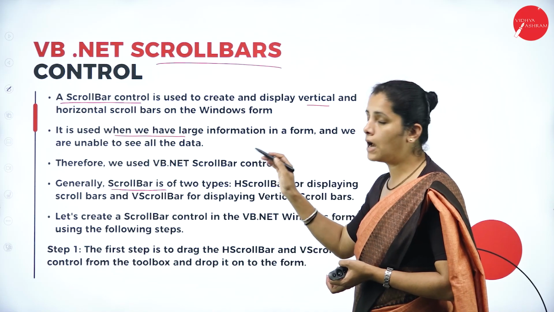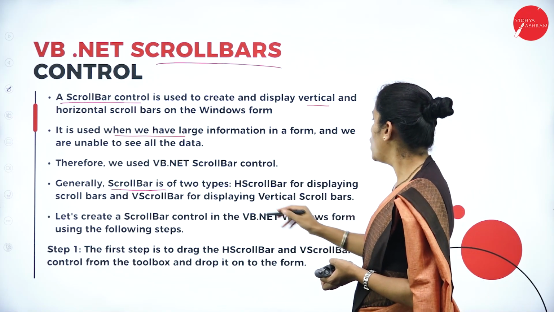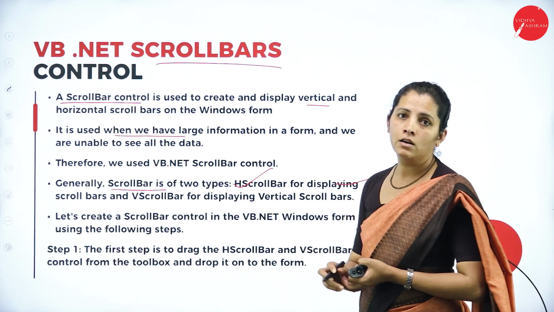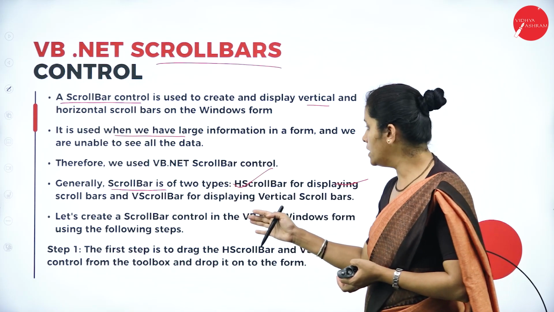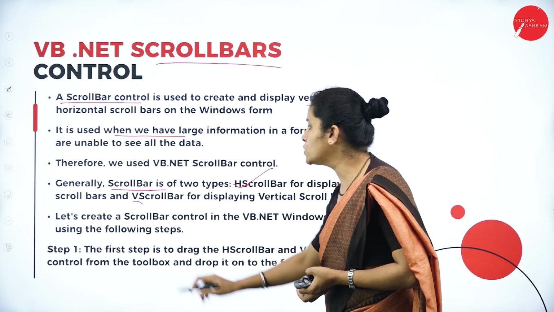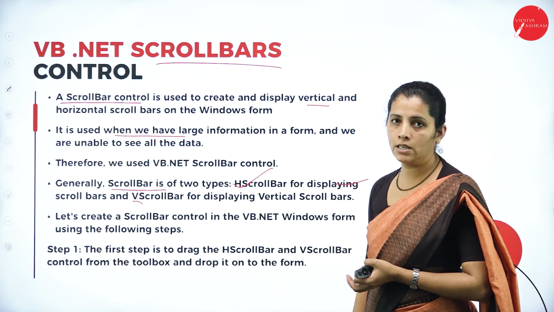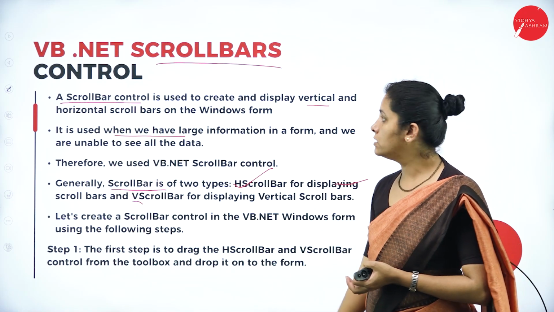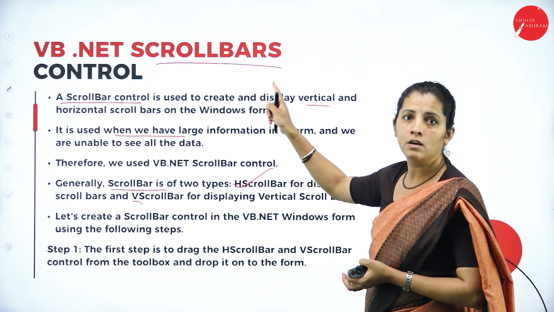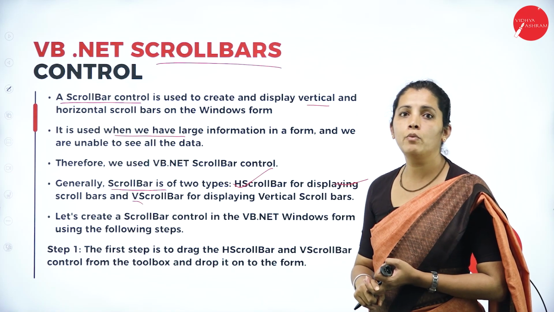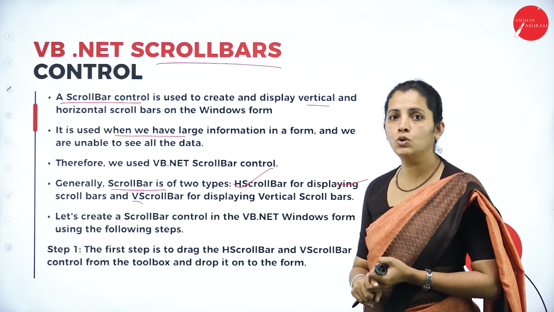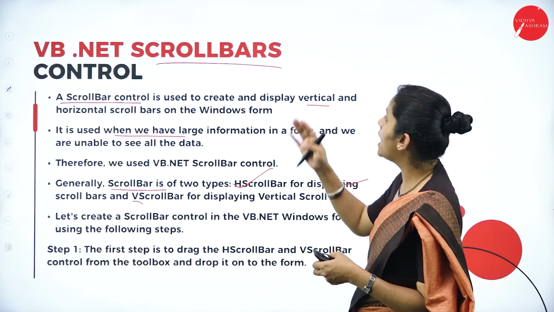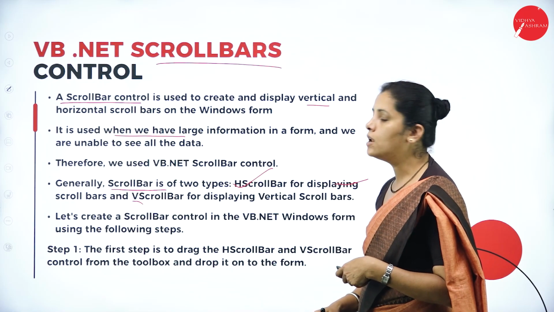We have two types of scroll bar: the horizontal scroll bar for displaying the bar horizontally, and the V scroll bar, that is nothing but the vertical scroll bar. Now, where do we get the scroll bar? For that, once again, we want to visit the toolbox. Under the toolbox, we have a long list of controls. In that, we have to select scroll bar.